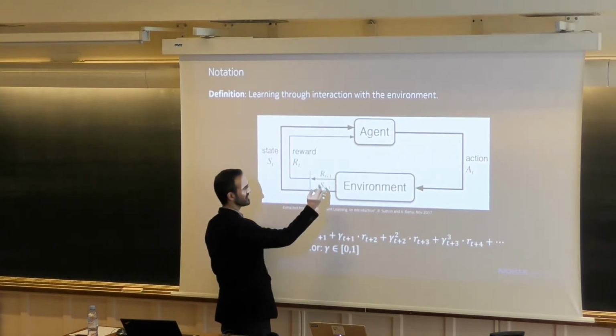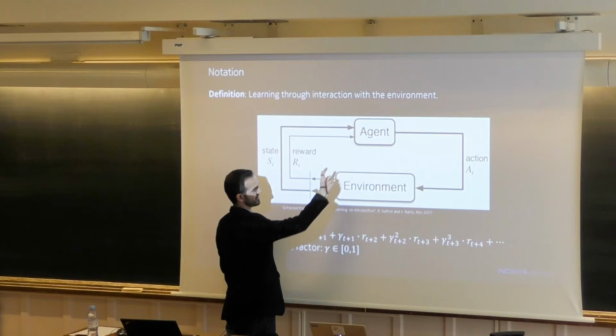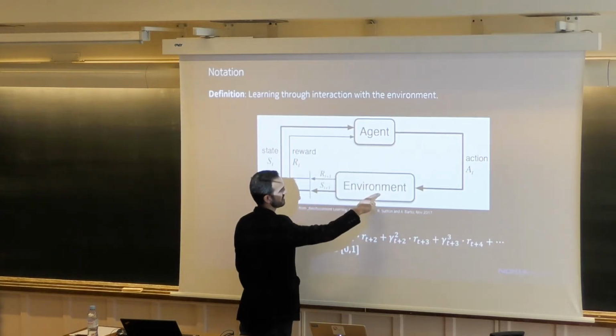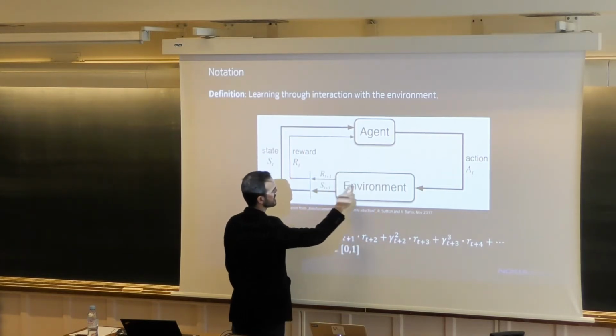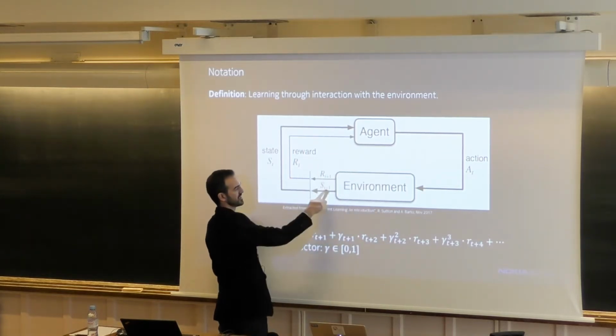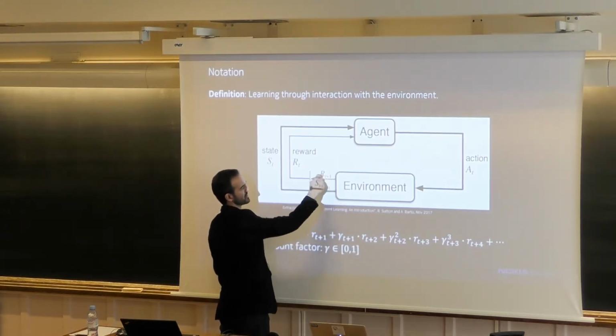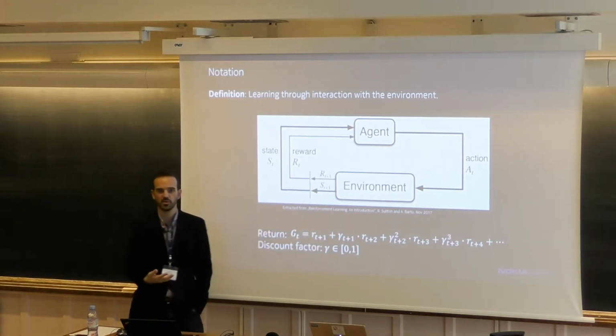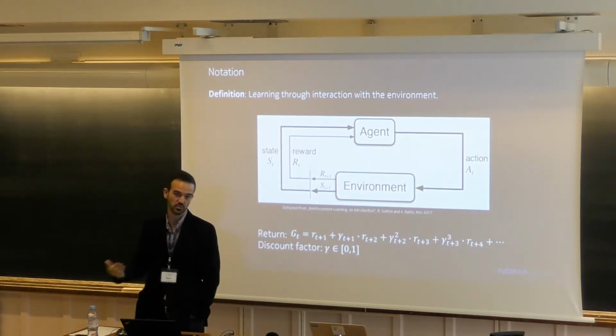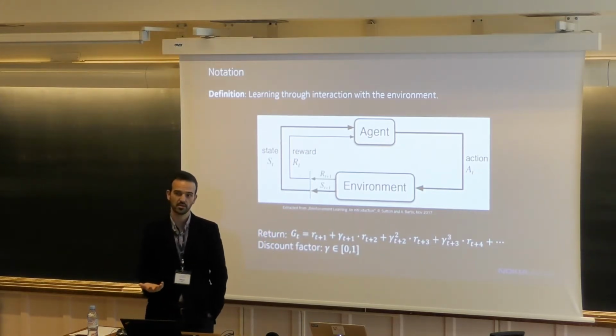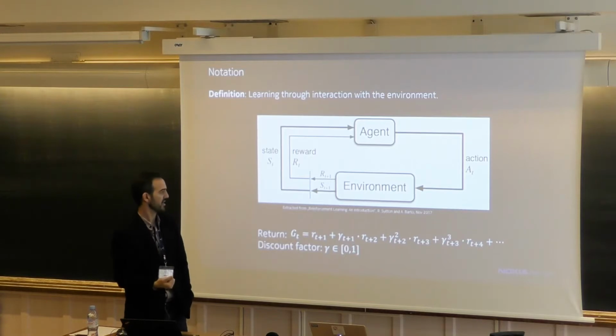And we model this by two outputs from this environment. Every time that the agent takes an action, the environment returns some information back to the agent, which means a new circumstance, a new situation, which we summarize by the state, and another signal, which is called the reward, that tells the agent whether that action was good or bad for the agent at any given point in time.